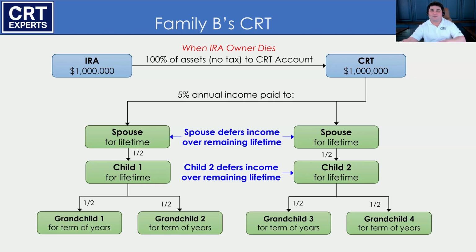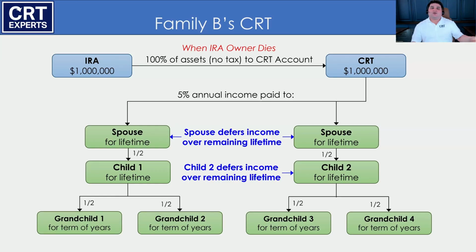Some may want to defer, some may not. Some may want the income. That's another reason that we would want to use multiple CRTs. We can't do that if, in this case, both children are income beneficiaries of the same CRT. We would need to have separate CRTs.